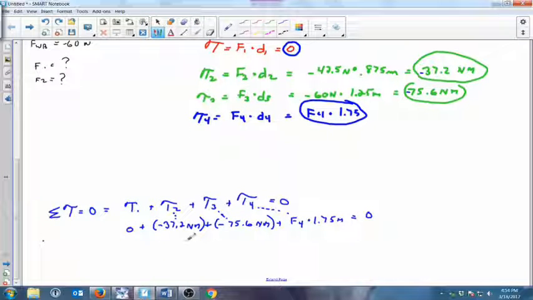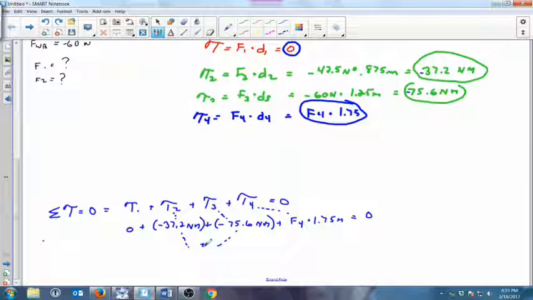Well, I can add these two together right here, and I'm going to show dots here showing that I'm adding these two together. Which means we have minus 37.2 minus 75.6. Oh, calculator didn't like that. Let me do it again. 37.2 minus 75.6.